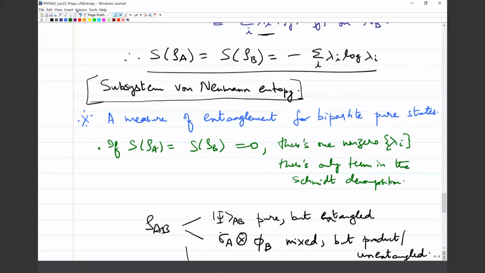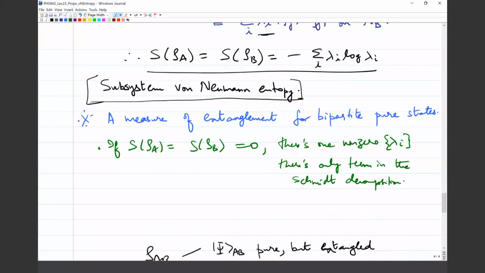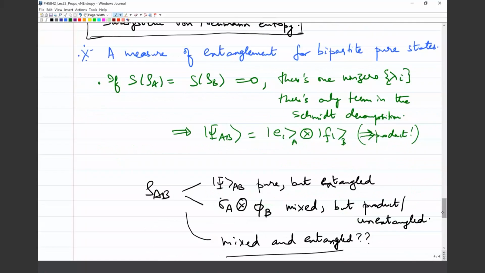So no entanglement, right? So this in turn implies that psi AB is simply of the form e_1 tensor f_1. So this is product, unentangled. If the entropy is non-zero, then you know that the state is entangled. So if the entropy of rho A, which is the same as the entropy of B, is greater than 0, then there must be more than one non-zero Schmidt coefficient, more than one non-zero lambda. In that case, psi AB is truly entangled.